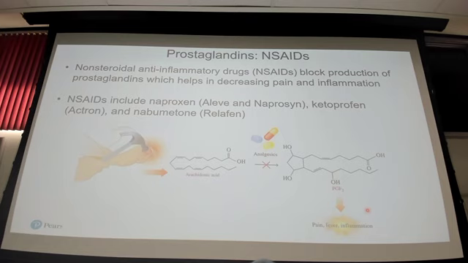Cyclooxygenase 1 enzyme is what converts arachidonic acid to prostaglandins. So again, naproxen is what we would use for a small inflammatory response due to stubbing our toe or hitting our finger with a hammer. And then you have other NSAIDs such as ketoprofen and nabumetone, and those are used for more chronic conditions of inflammation such as rheumatoid arthritis and osteoarthritis.